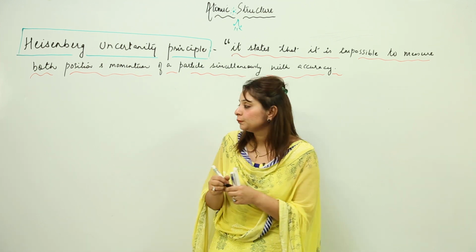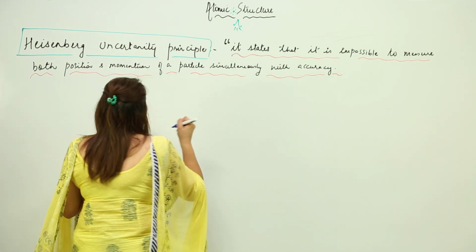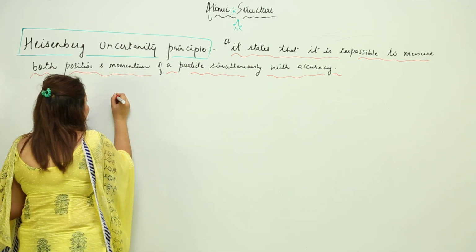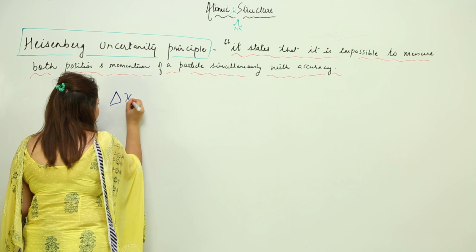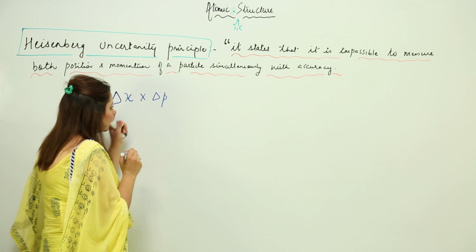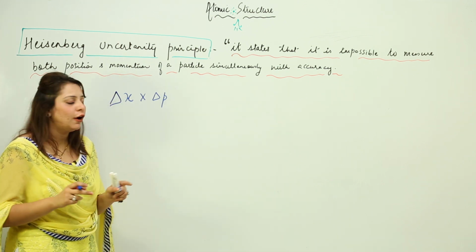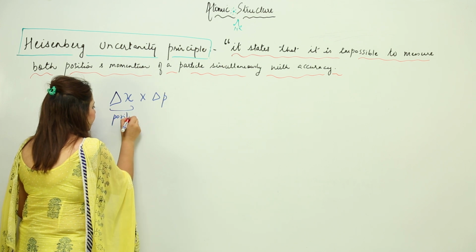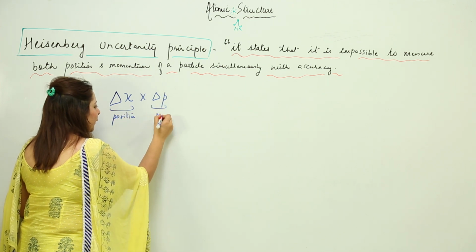So he wrote this expression in a mathematical way. He said that the uncertainty in position multiplied by the uncertainty in momentum is a constant value. This is my uncertainty in position, and this is my uncertainty in momentum.